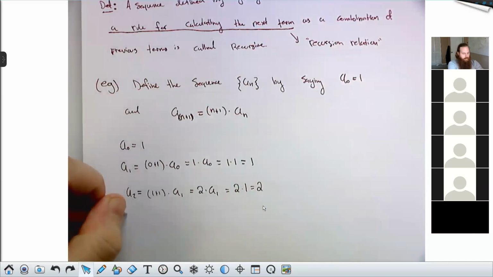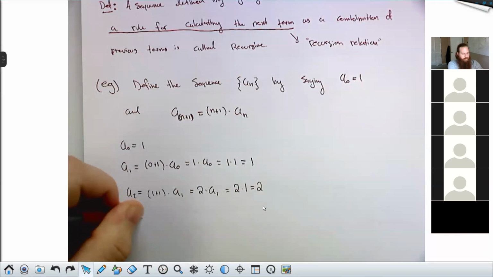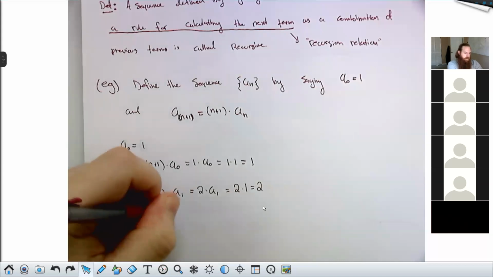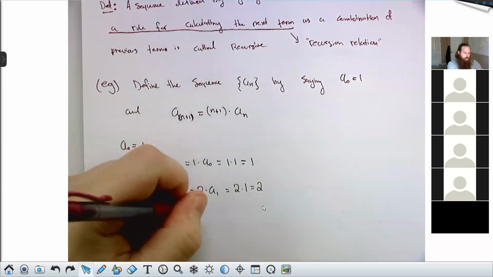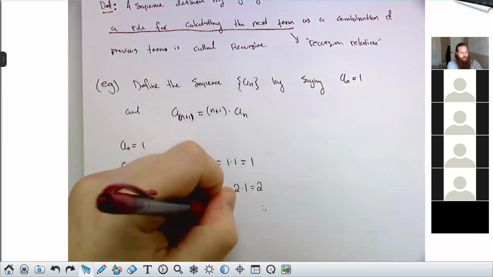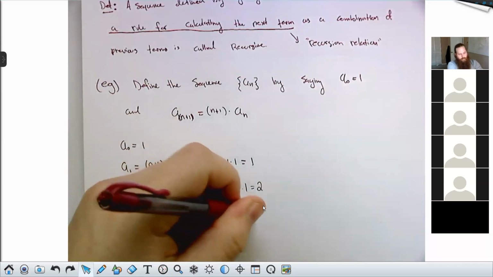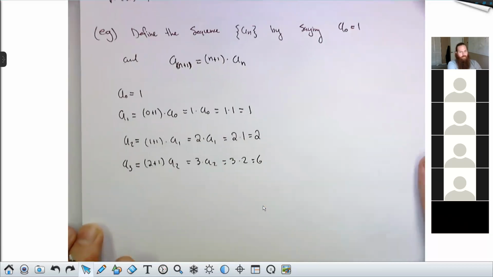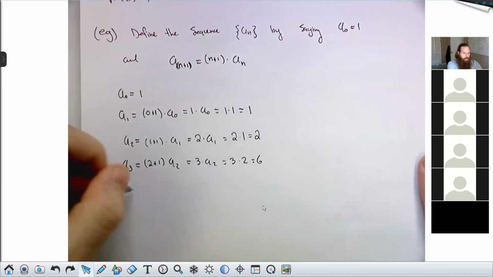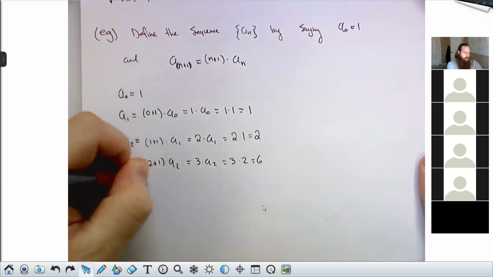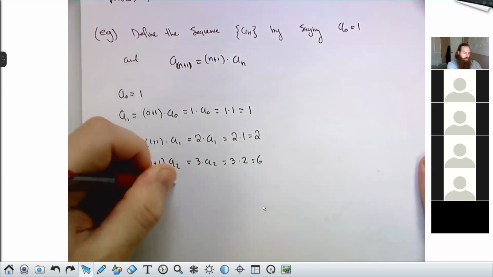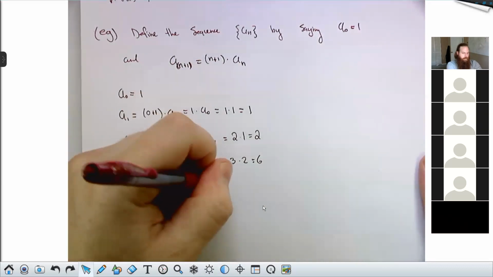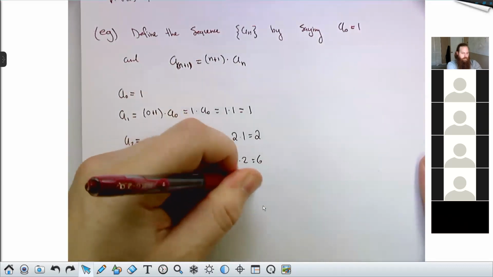If I plug n equals 2 into my recurrence relation, I get a3 equals (2 plus 1) times a2, which is 3 times a2, which is 3 times 2, which is 6. If I plug in n equals 3, I get a4 equals (3 plus 1) times a3, which is 4 times a3, which is 4 times 6, which is 24.